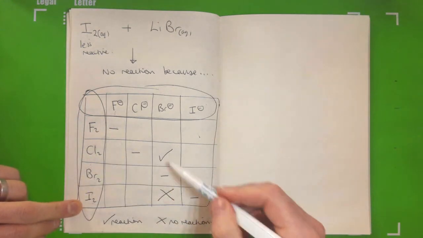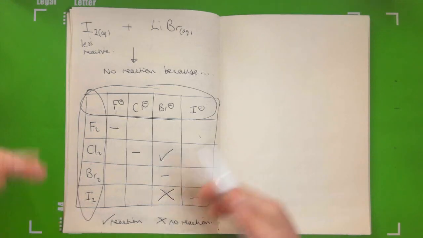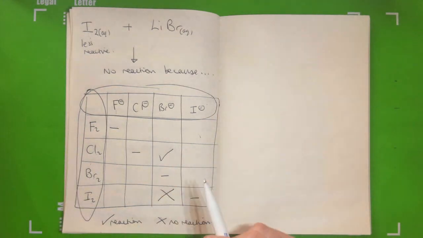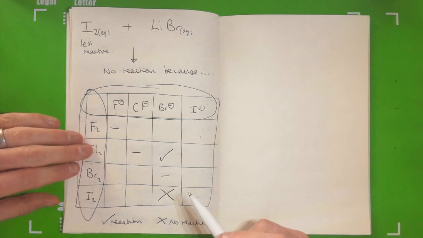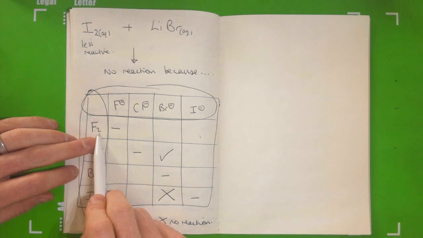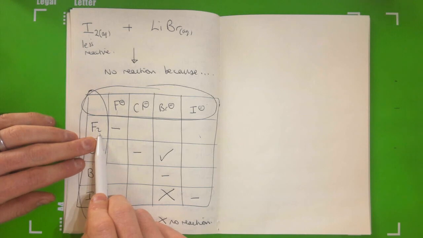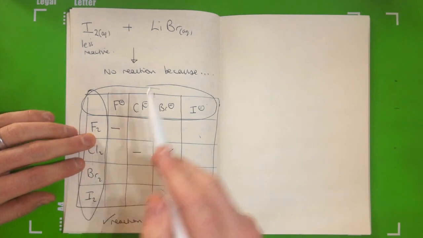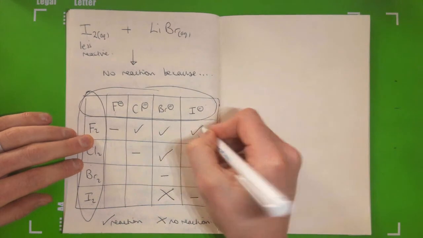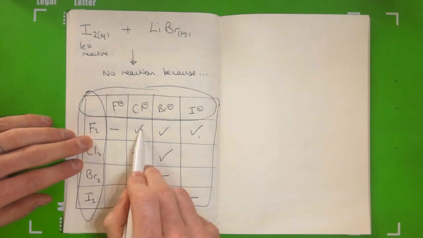But the ticks and the crosses, you've got to work out which ones will react or not. Now what you find is, because fluorine is the most reactive, it's the strongest oxidizing agent, it can displace chloride, bromide and iodide, because fluorine is more reactive than all those three.